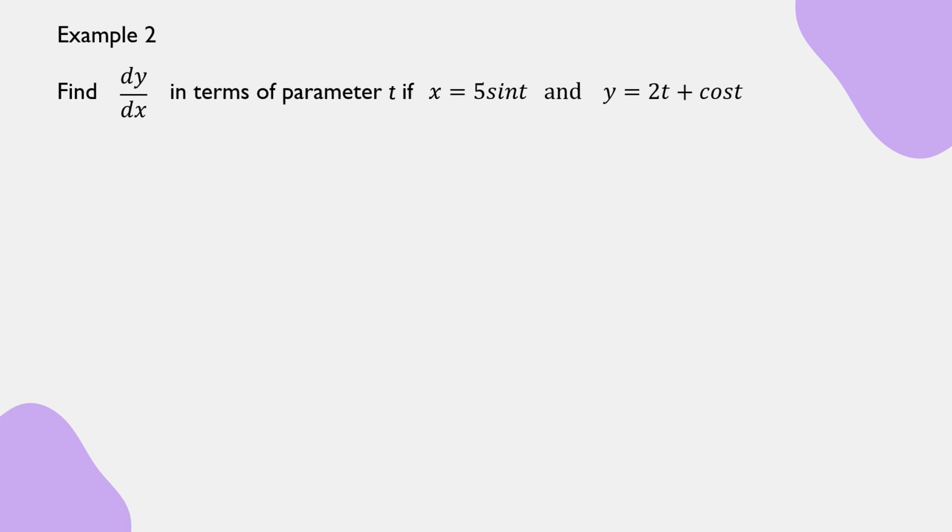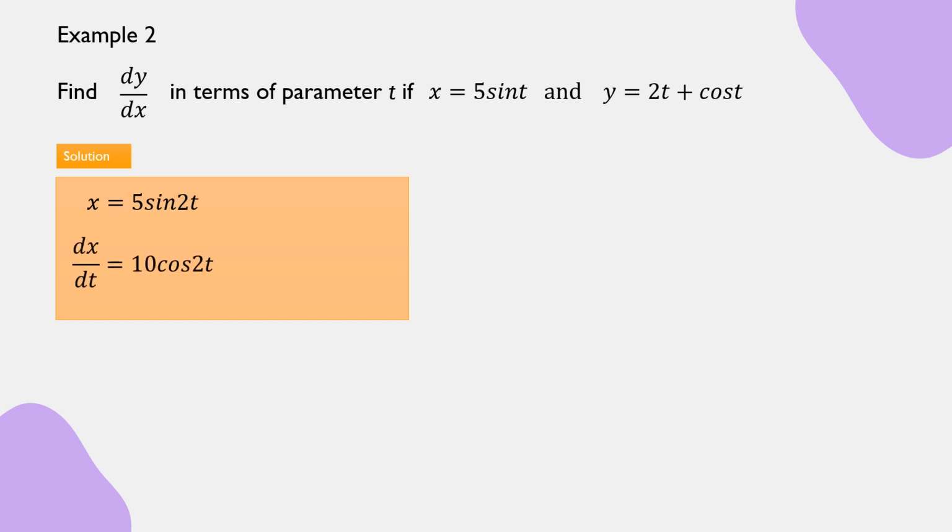Example 2. Find dy/dx in terms of parameter t if x equal to 5 sin 2t and y equal to 2t plus cos t. x equal to 5 sin 2t. So dx/dt equal to, if we differentiate sine, you get cos.